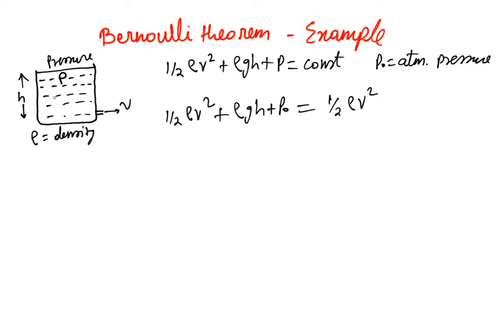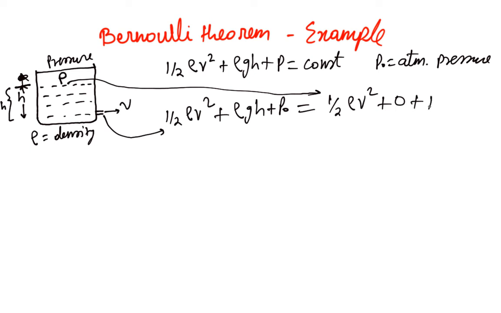So let's make it clear: this is H, water is up to here. Plus rho gh, which is 0, plus P.